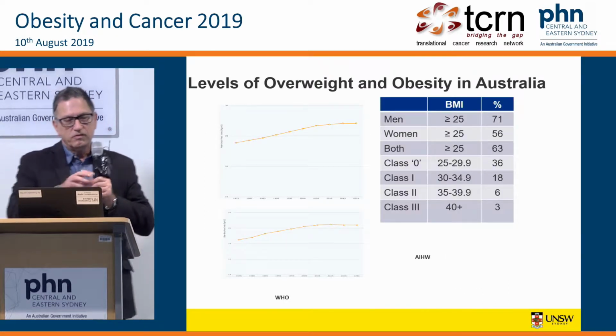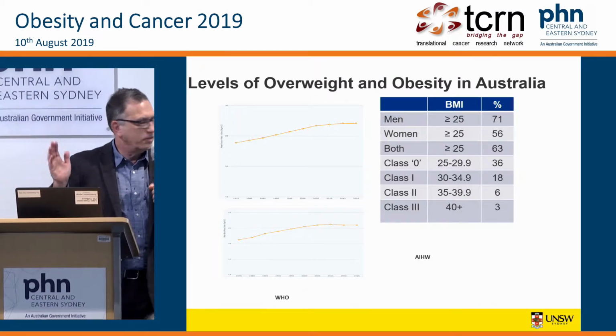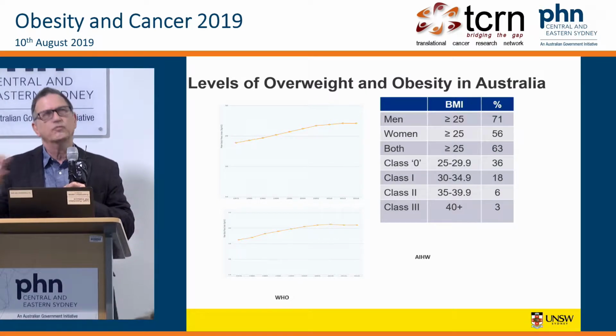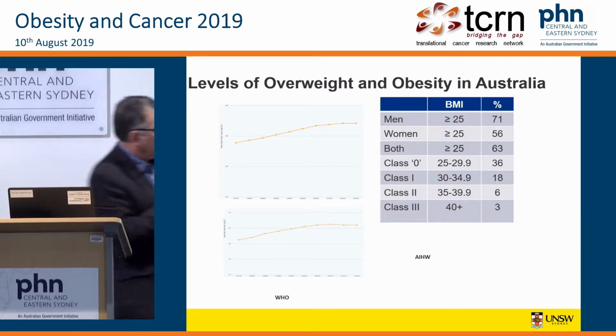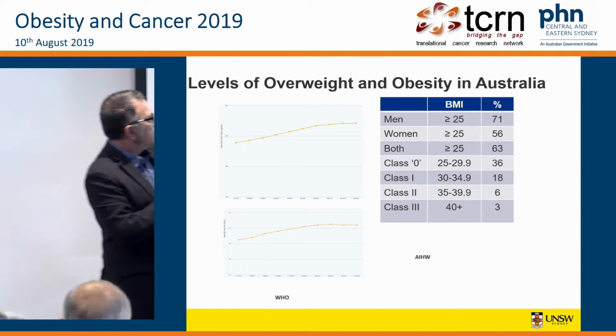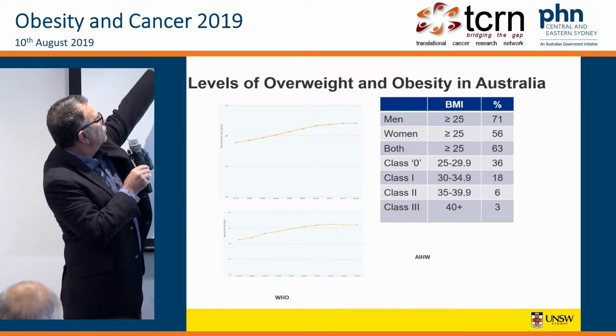Anyway, this is the graph on the left. It's from WHO, but it's the Australian weight, the Australians' mean BMI across time. On the bottom here, we've got 1975 to 2016. This is in children, and this is in adults. Here is a BMI of 25.